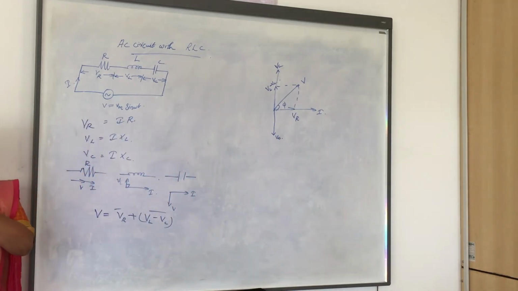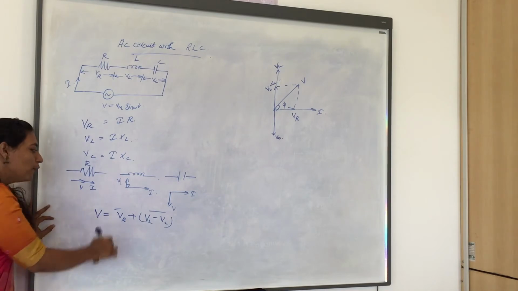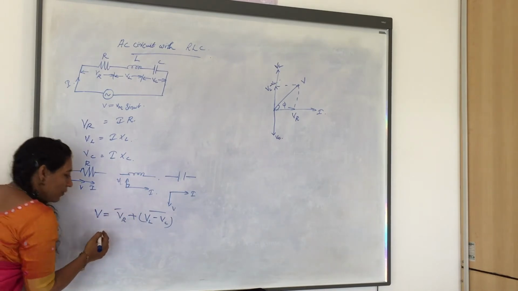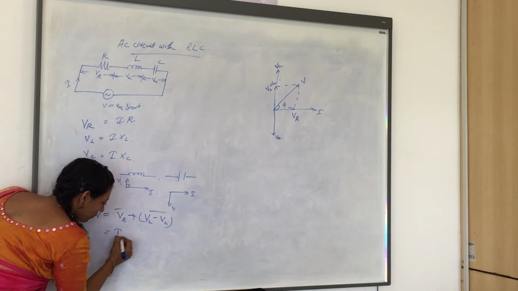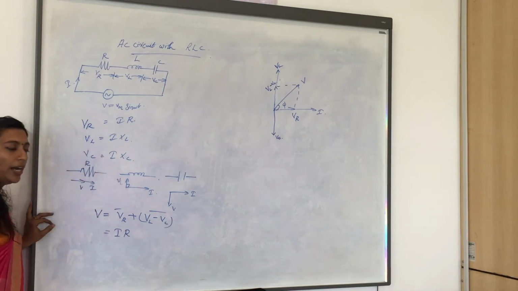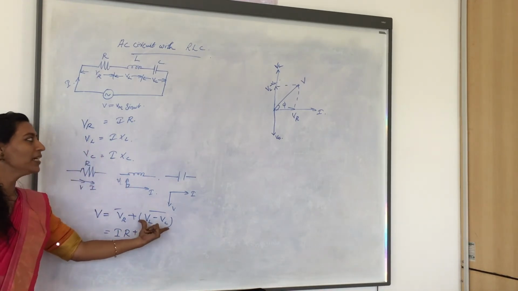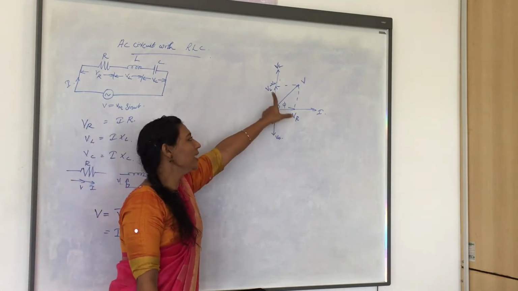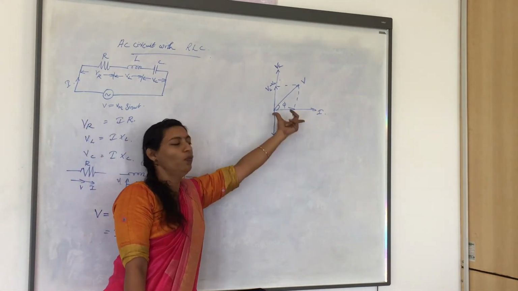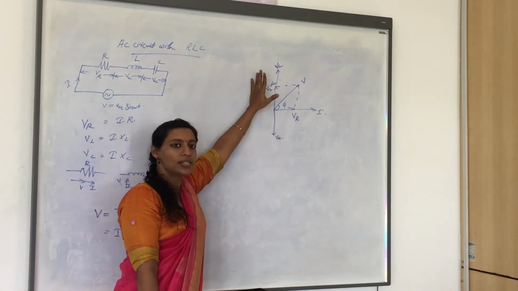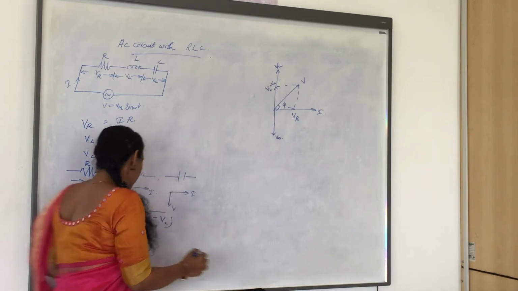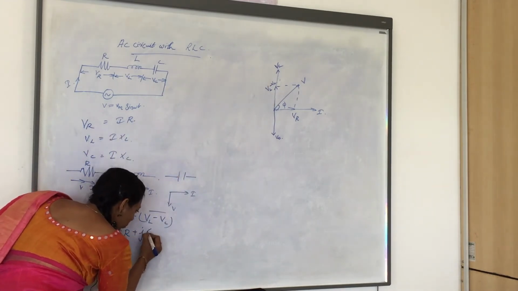Next, we have to find the impedance. For finding the impedance, substitute the values. VR is equal to I into R, and VL minus VC has a 90 degree phase shift with the VR. It is in the positive imaginary axis. Therefore, we represent it with j.